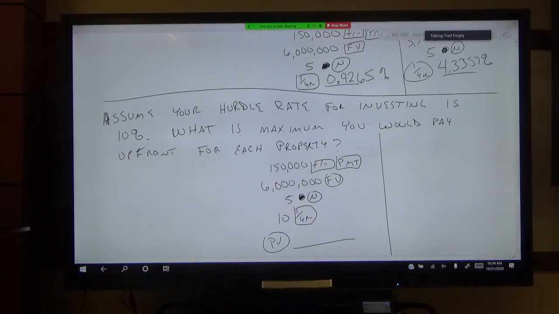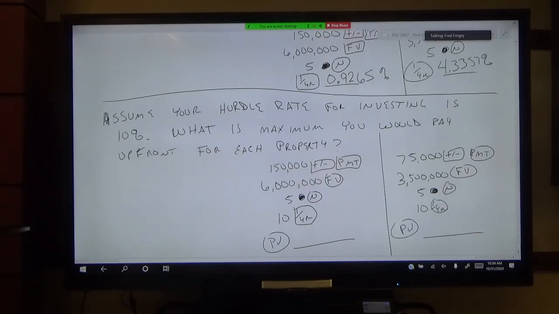And then do basically the same thing over here for the other one, 75,000, $3.5 million, 10%.